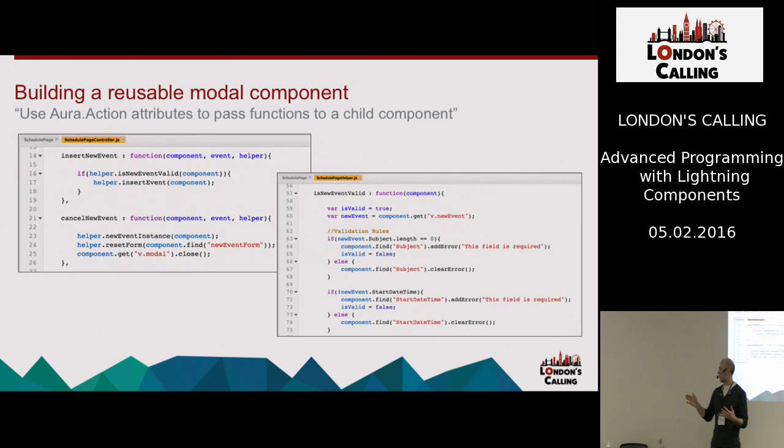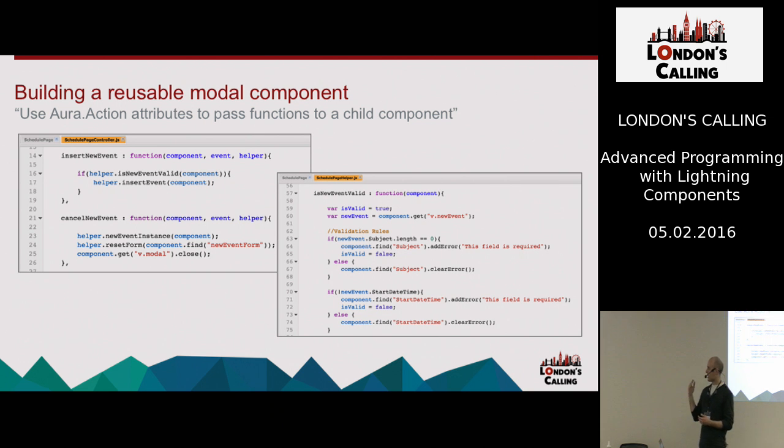Digging a little bit deeper into that code, we can see what happens when we click on those buttons. Starting from line 14, we've got the insert new event, and essentially that's just using the helper class to perform a bit of validation. Assuming it's valid, it's then going to write that information to Salesforce using the server-side controller, and it's going to refresh the table.